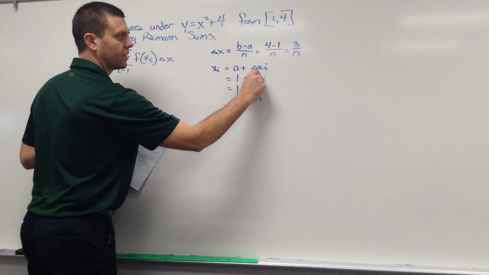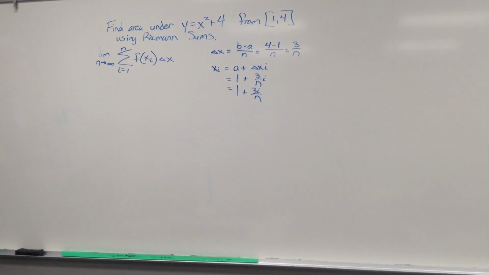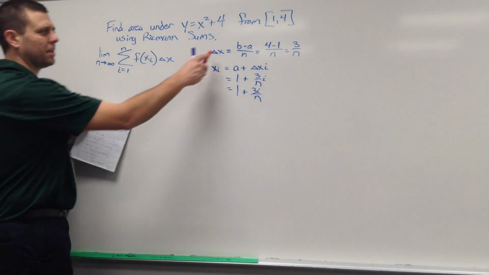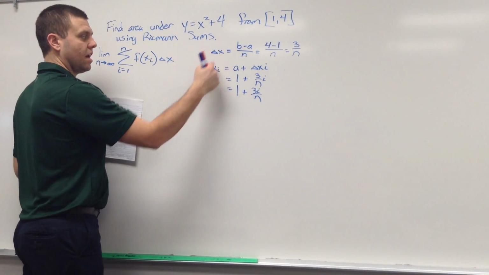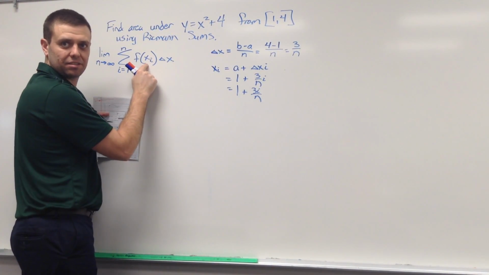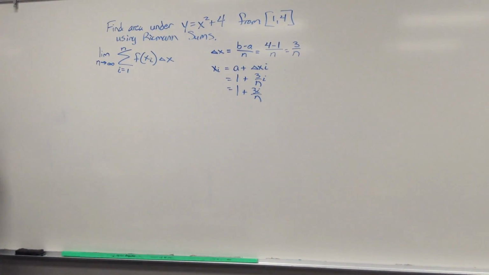Because my delta x is 3 over n. You see where I'm getting that from? What I'm doing here is establishing in this function what delta x is and what x sub i is. So now I can go through and actually find the sum of all those rectangles.